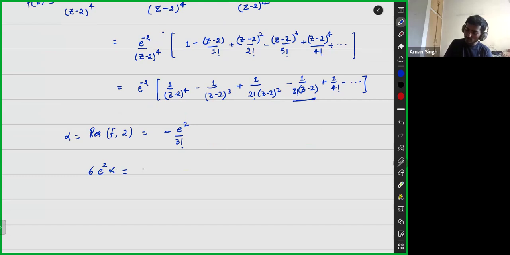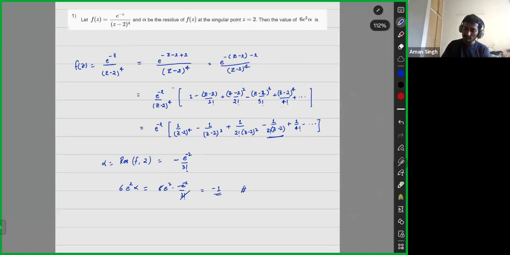This will be equal to 6 e square into minus e power minus 2 by 3 factorial. 3 factorial is 6 and it gets cancelled with 6. e square gets cancelled, and everything left is minus 1, and this is the answer.